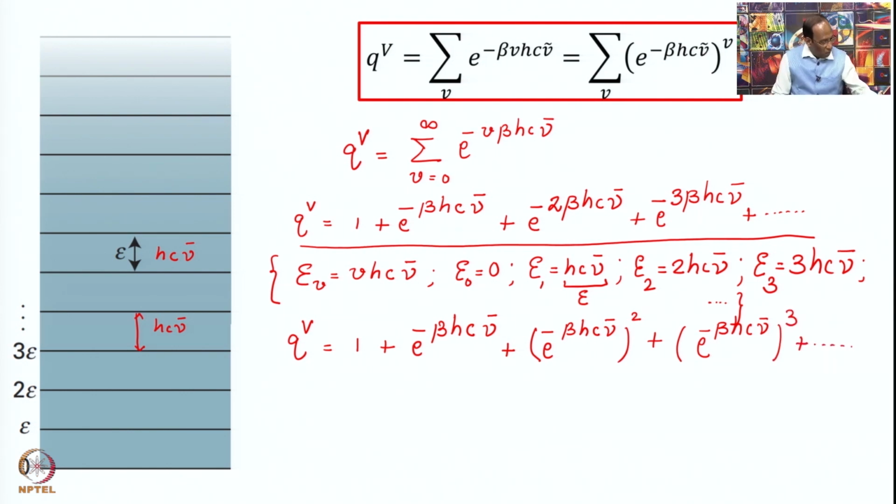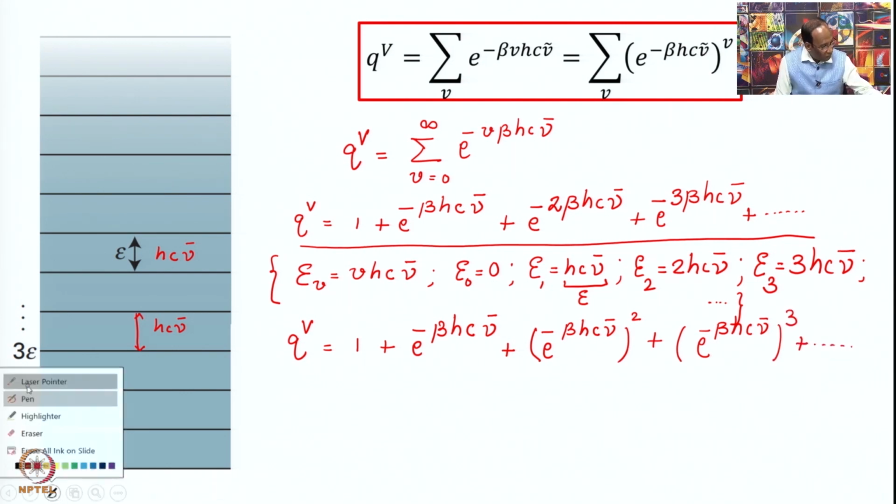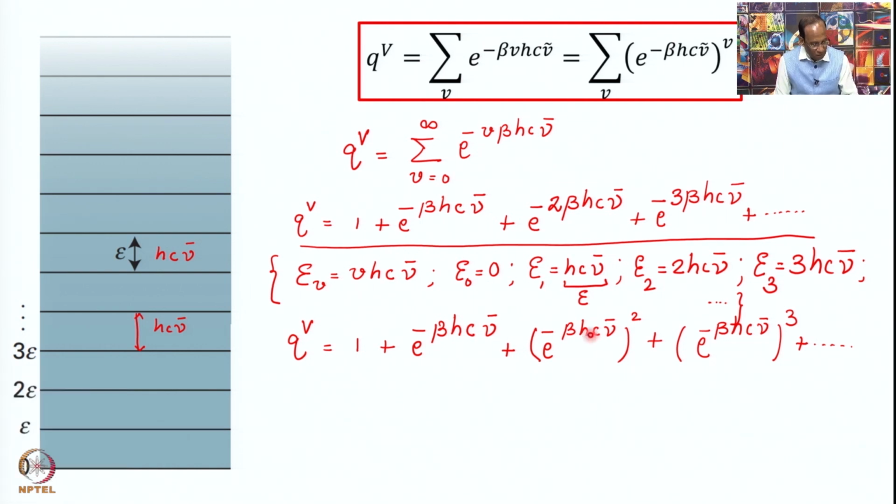If I represent this whole term as x, then QV is equal to 1 plus x plus x squared plus x cubed plus so on.